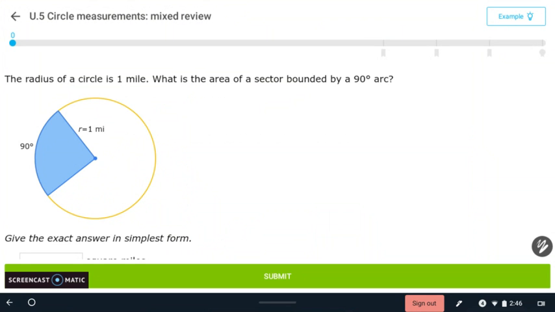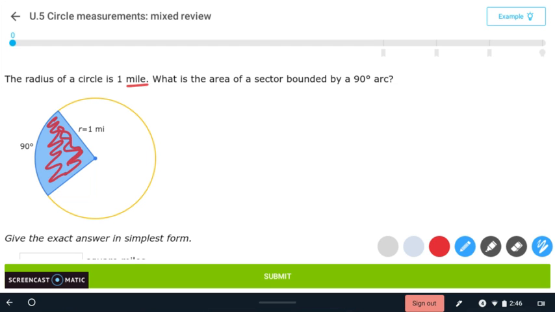This first problem is the area of a sector. We just want to know, with this shaded part, how many squares of whatever size, in this case miles, would fit inside that sector.